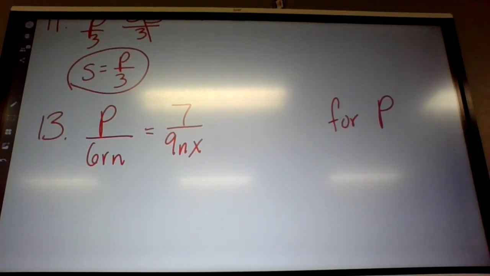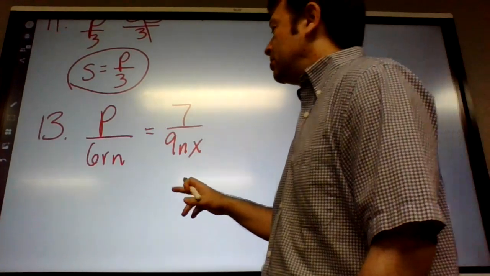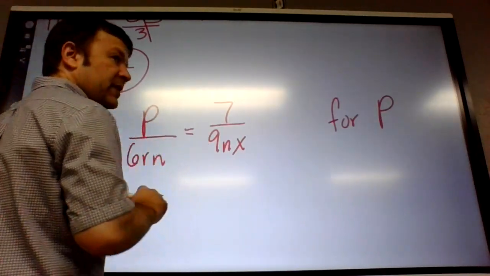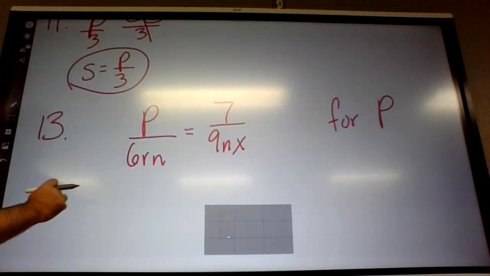All right, Bo, any ideas? How do we get P by itself here? No clue. Okay, what's happening between the P and the 6R in? Division. How do we get rid of division? Multiply. All this stuff that's divided is going to need to be multiplied.